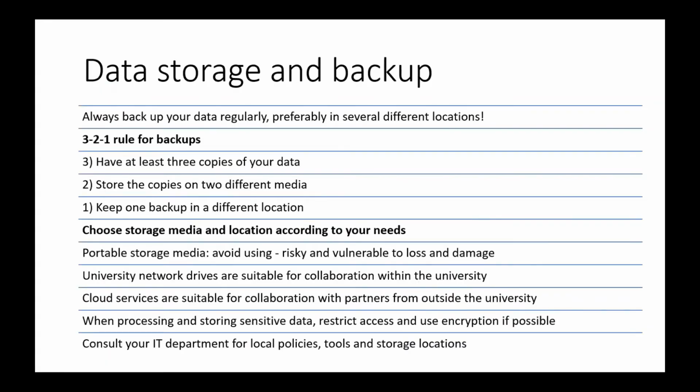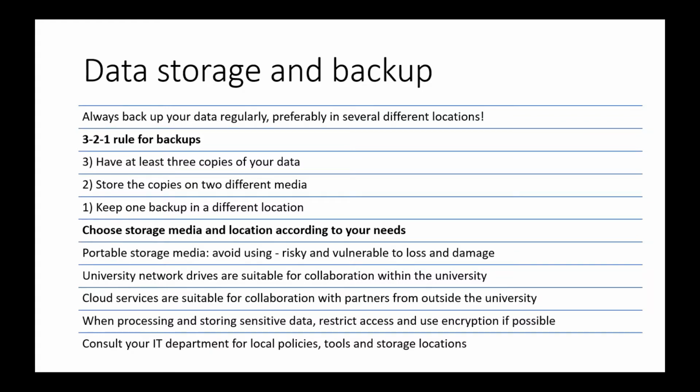Okay, and a few tips for working with active data. Of course, this is not just for research data in particular, but for everything. You should always back up your data regularly and preferably in different locations. So you should follow the 3-2-1 rule for backups. You should have at least 3 copies of your data, store the copies on 2 different media, and keep one backup in a different location.